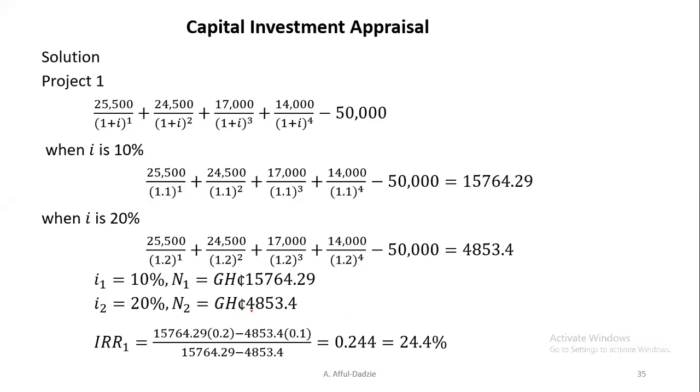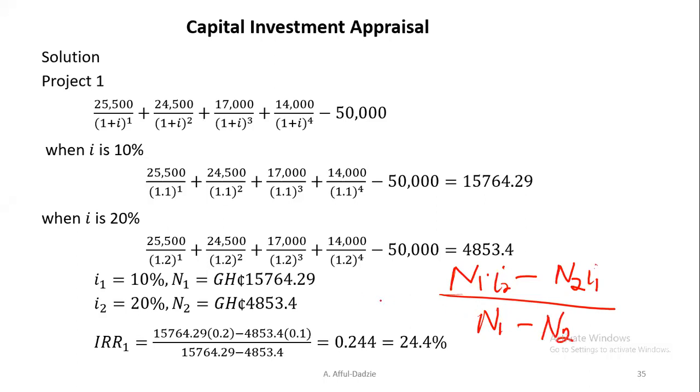So we substitute into the expression: NPV 1 multiplied by the interest rate 2, minus NPV 2 multiplied by the interest rate 1, divided by NPV 1 minus NPV 2.